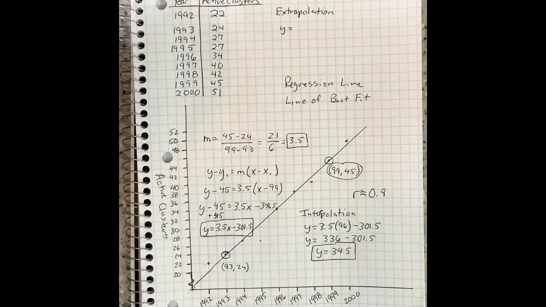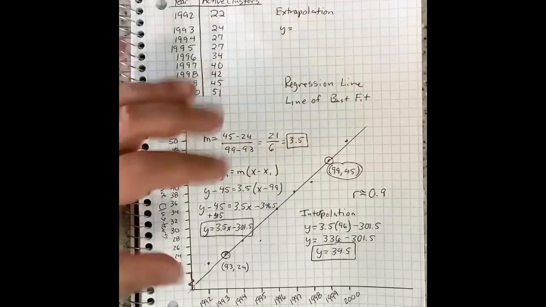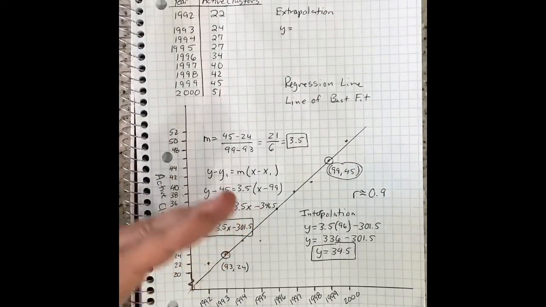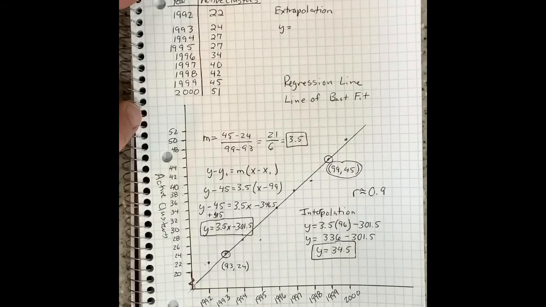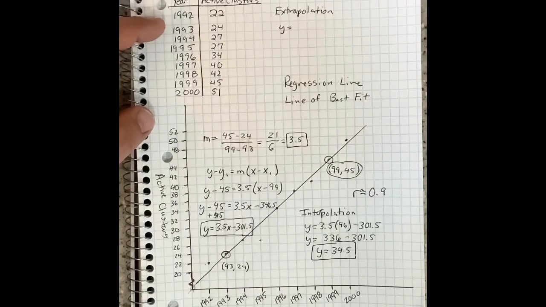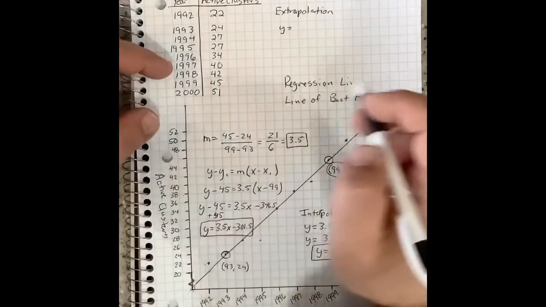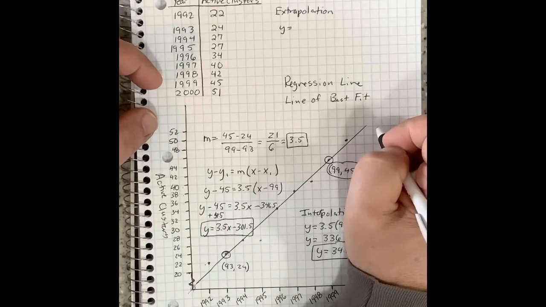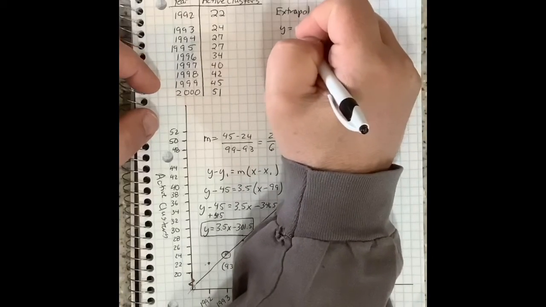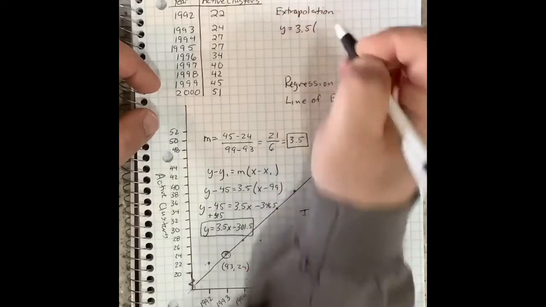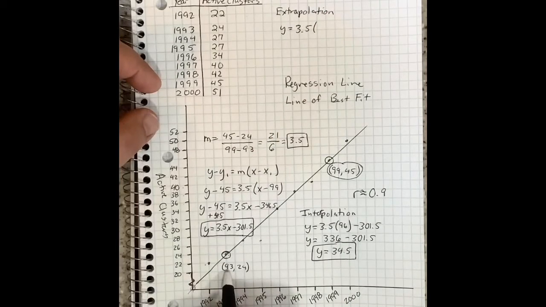But let's just say, if this linear thing kept working, how many active clusters would we have in 2020? Well, we would be looking for the point 2020, and we're going to use this equation right here. So y equals 3.5 times... Obviously, the year 1993, we called 93.